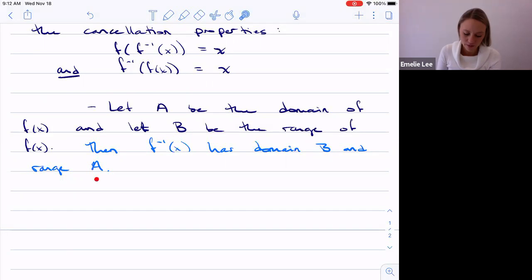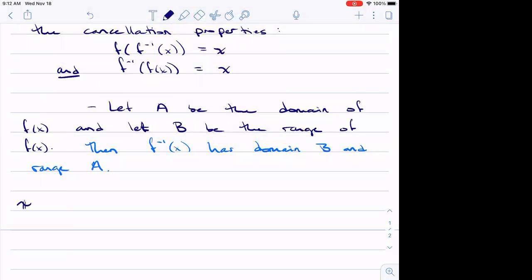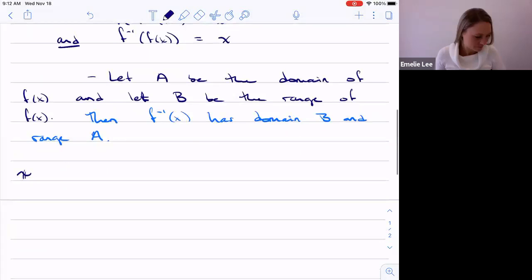And then you have the range because it's the domain of the original function. So what I ended up doing was just finding the domain of the inverse function. And that was one of the correct ways to go about it, yes? Okay, exactly. Awesome. Good. Cool beans.